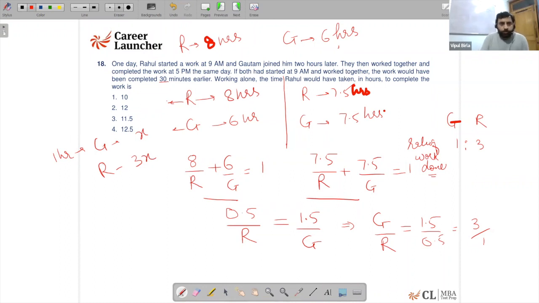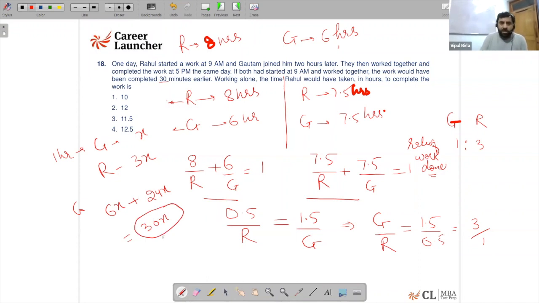Now Gautam works for 6 hours, therefore he completes 6x, while Rahul in 8 hours completes 24x. So in total 30x is the total work done by Rahul and Gautam.